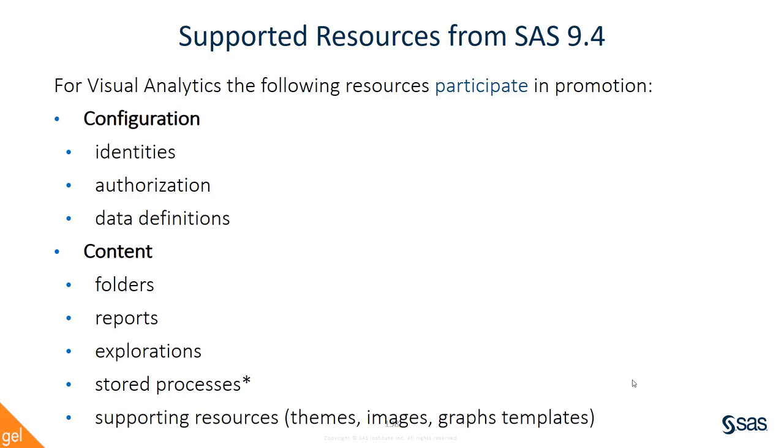And then in terms of content, we have folders, reports, explorations, stored processes, which has an asterisk beside it, and I'll explain what that asterisk is a little bit later. And then other supporting resources like themes, images, graphs, and graph templates. Those are the resources that participate in promotion from 9.4 to Viya.